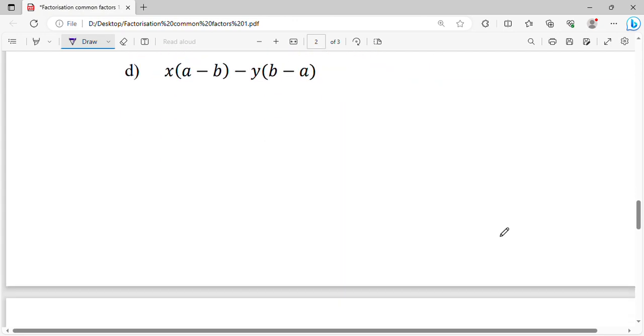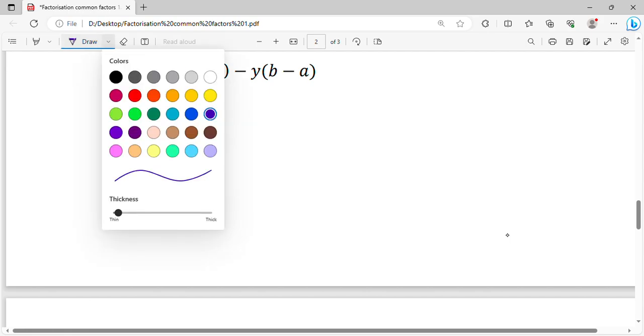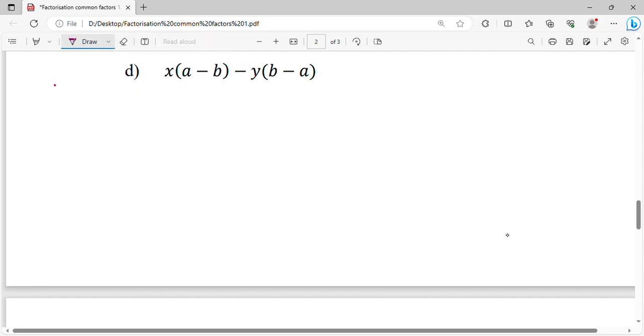Yes. Here is a very important concept. Please note this: (a minus b), and this is the reversed format. So always note that a minus b is equal to negative (b minus a).